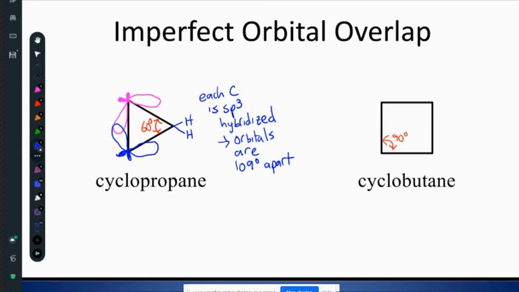Now you'll notice where they're overlapping, they're not pointed directly at each other. So there's going to be less overlap between these 2 orbitals here. My region of overlap between the 2 orbitals is not going to be as big as it typically would if those 2 orbitals were pointed directly at each other.